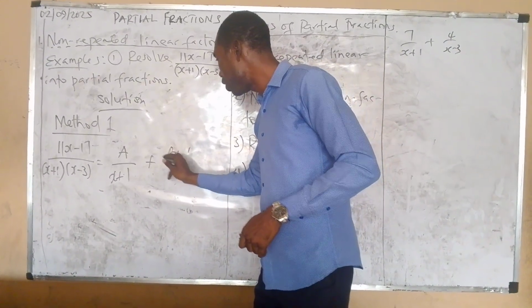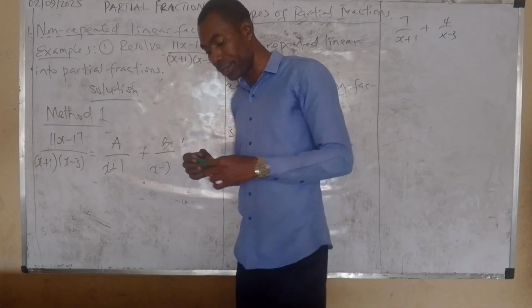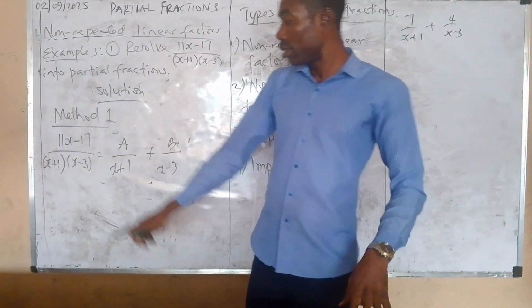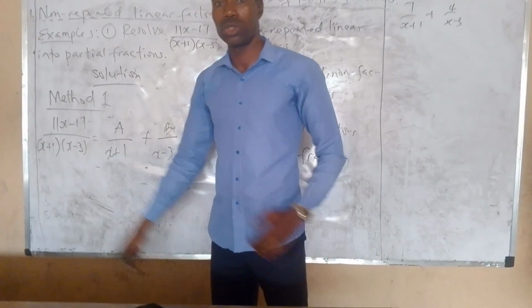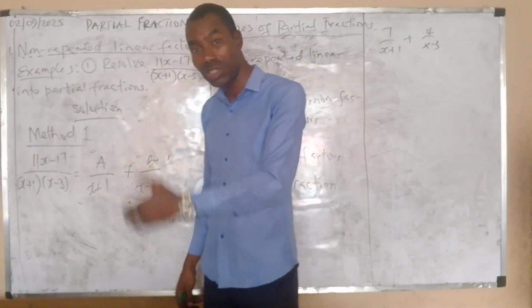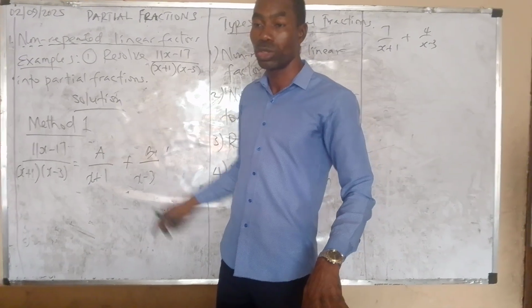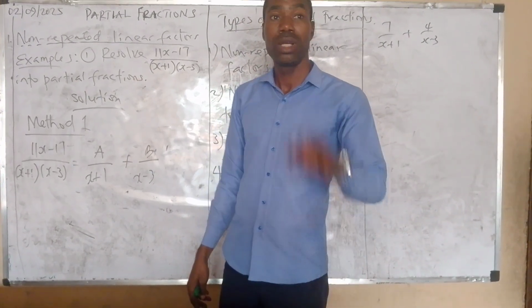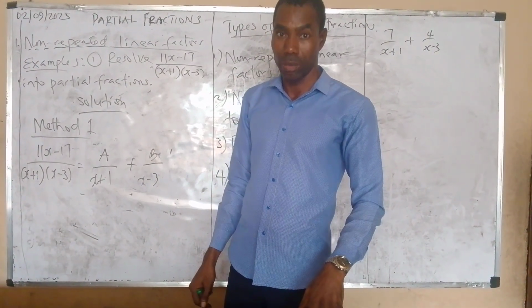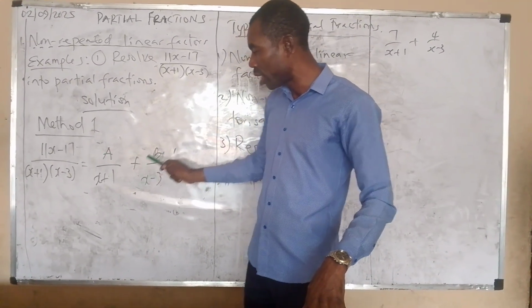This will give me B over x minus 3. Don't forget, the factors in the denominator will form the denominators of your partial fractions. All you are left to do is to find the numerators. So use a capital letter to denote your numerator. Now let's proceed to finding the value of A and B.